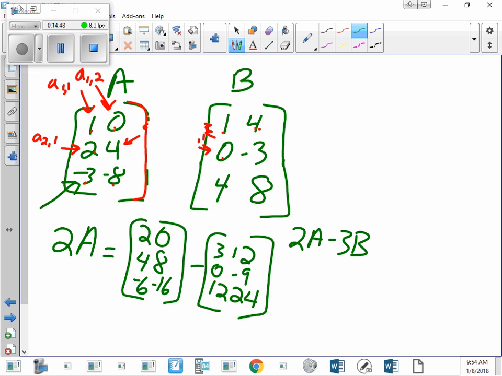So 2 plus 2 minus 3 is -1. 0 minus 12 is -12. 4 minus 0 is 4. 8 minus negative 9 is 17. Negative 6 minus 12 is negative 18. And negative 16 minus 24 is negative 40.